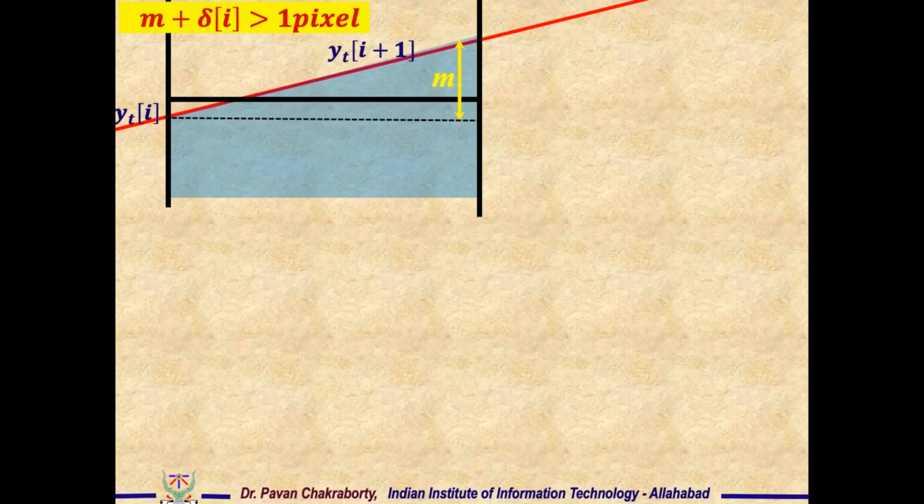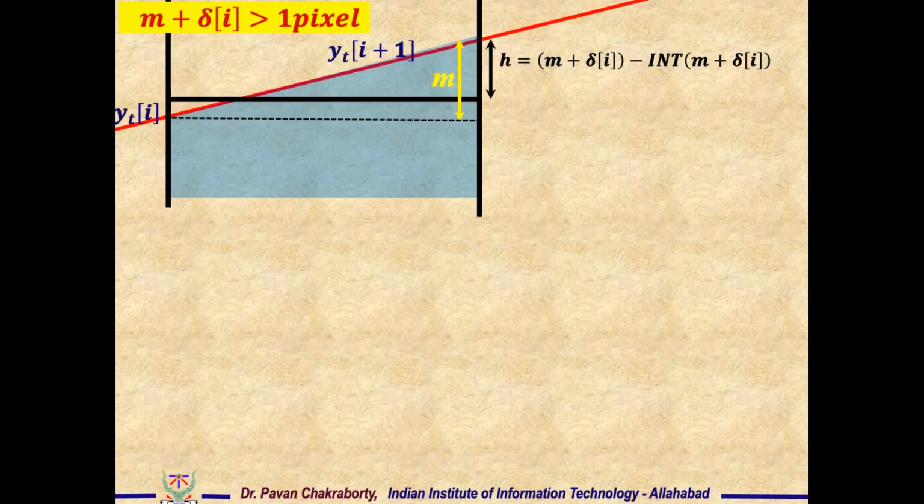So let me calculate the area which has overshot outside the pixel, and this area can be calculated by calculating this h. H is nothing else but m plus delta I minus integer of m plus delta I. Basically here this m plus delta will not be greater than 2, because I know that m is less than 1, and for m less than 1 I will not have such a case.